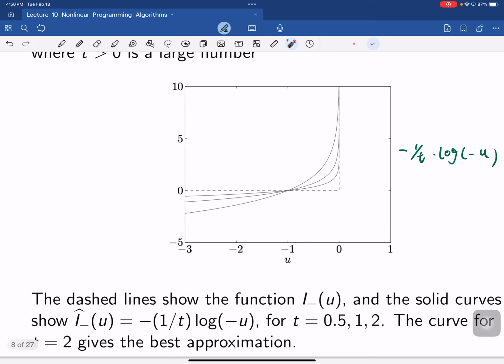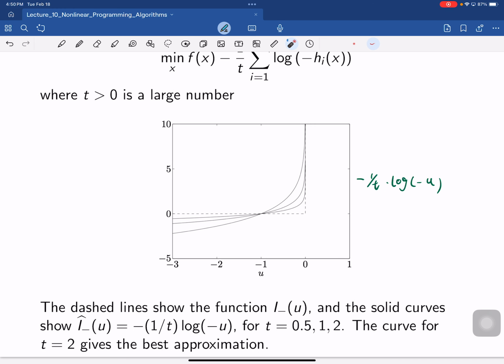Now, as you can see on this curve, as t increases, this function will approach the indicator function you want to approximate. So you can think about this as t goes to infinity, this log function will be very close to this particular indicator function here.